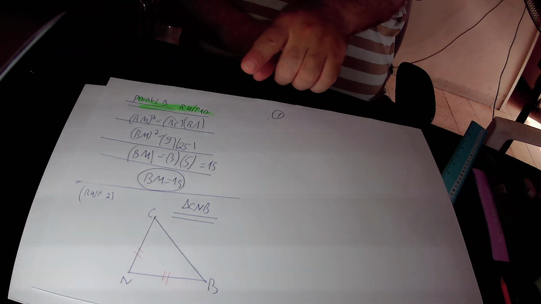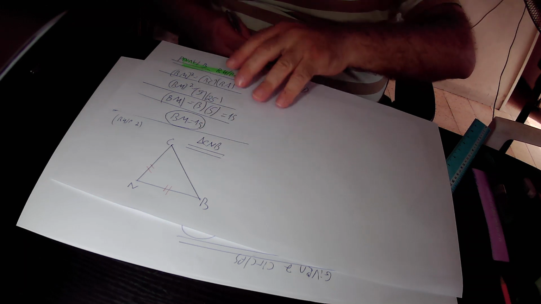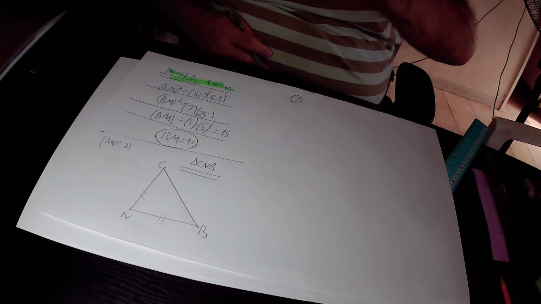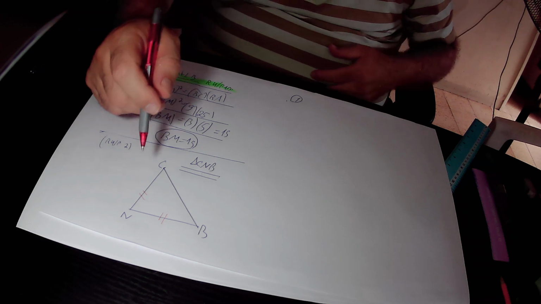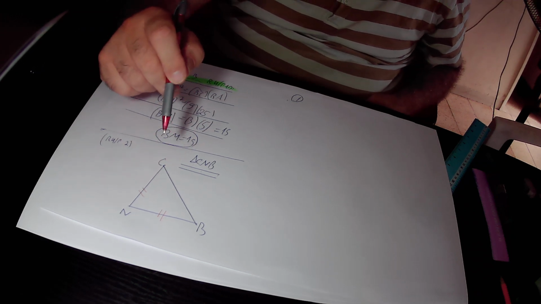So actually this is triangle CNB that is going on your drawing. And in this triangle, side CN equals side NB, according to rule 2.